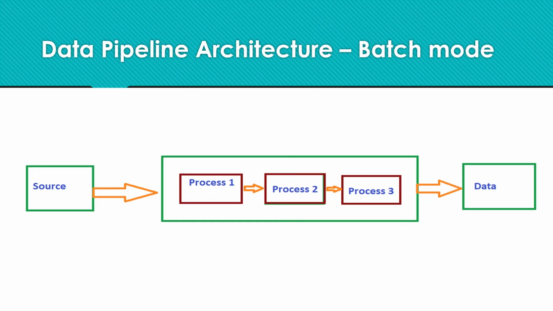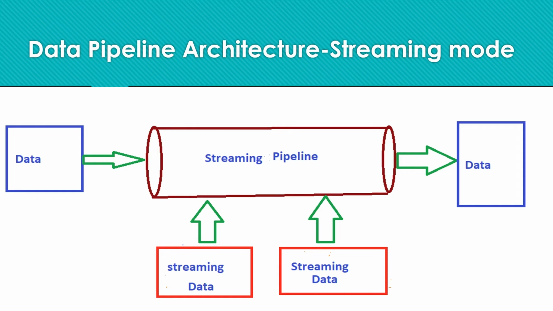In these scenarios, batch mode is well suited and performs well. For example, if you want to extract student registration information from a student database, we normally use batch mode. So let's see the next type.